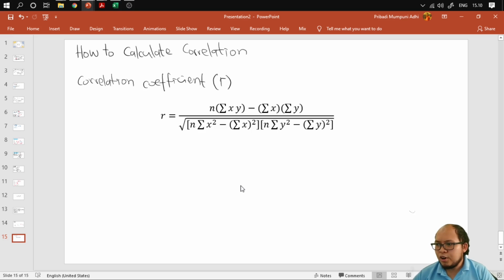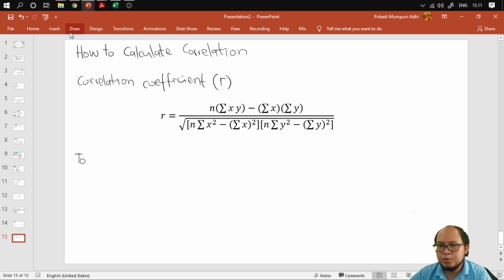And to calculate the contribution of x variable to the increase or decrease of the value of y, we need to calculate another coefficient.